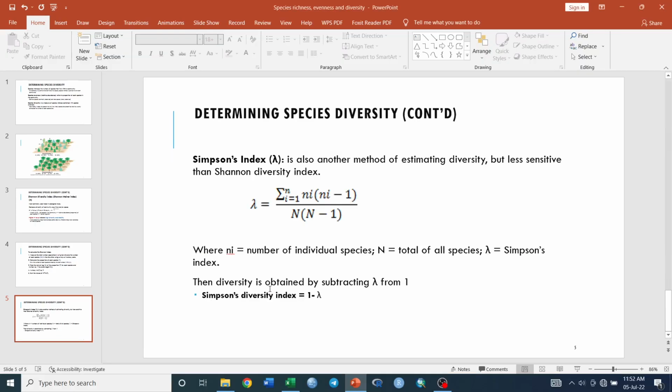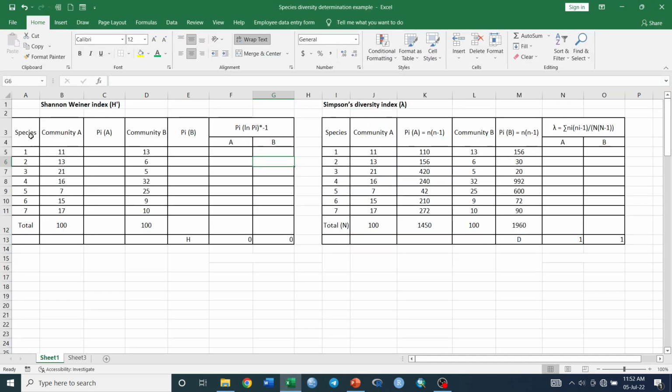Let us jump to Excel and see how to calculate species diversity using these formulas. Using the Shannon Diversity Index, we have 7 species in community A and 7 species in community B, an equal number of species. But which one is more diverse? To do this, we have to calculate the proportion of each species by dividing by the total observation, like this.